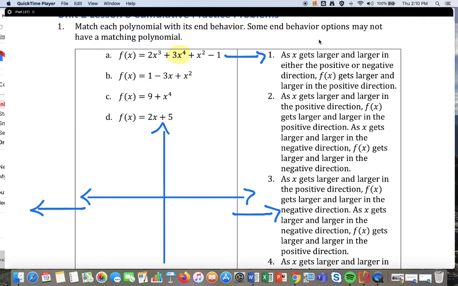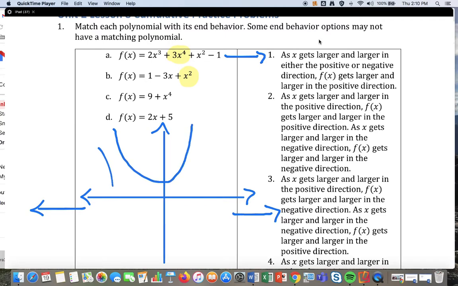And it looks as though I would do that with the letter B as well. My leading term there is x squared, and this is actually more similar to the graph that I had drawn earlier. It's going to be a parabolic graph, and so it's going to go down and come back up.